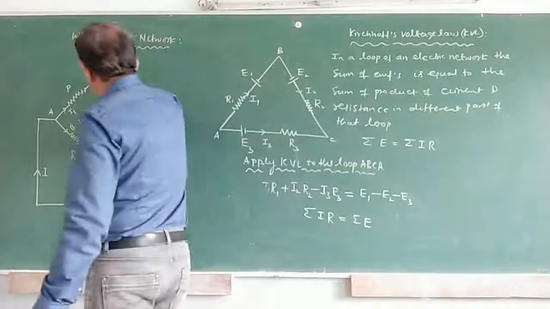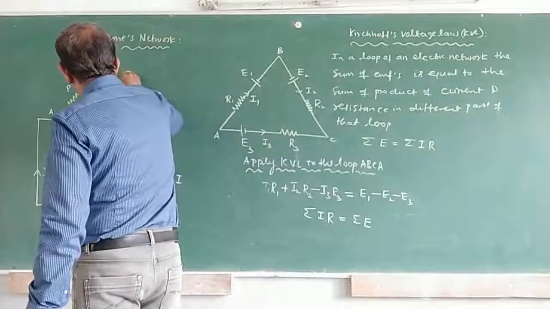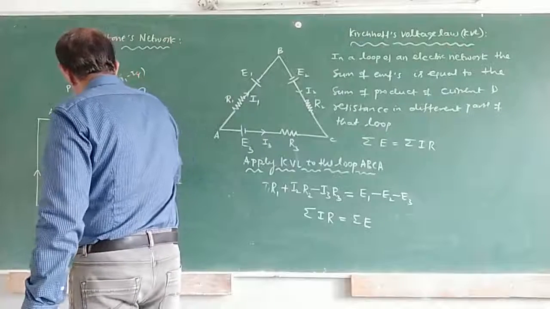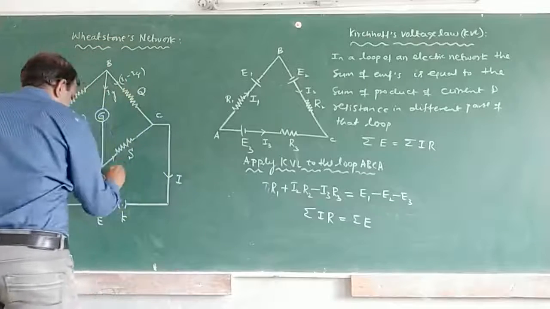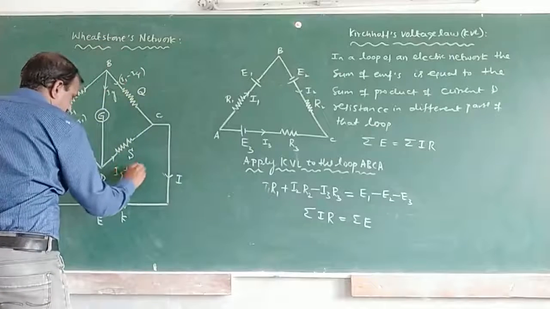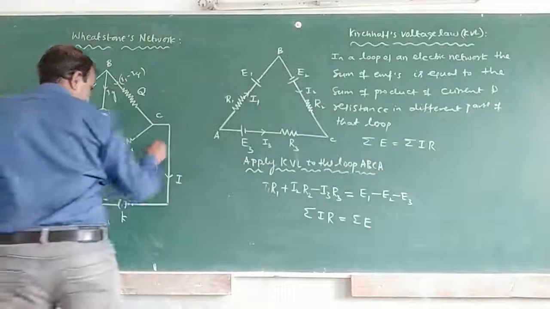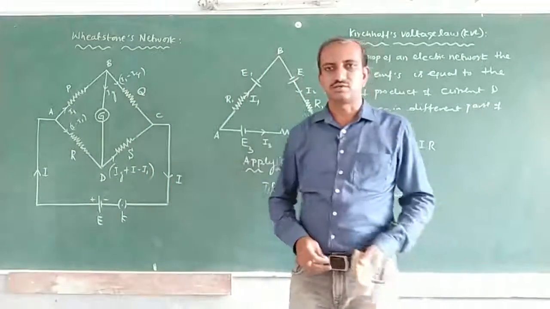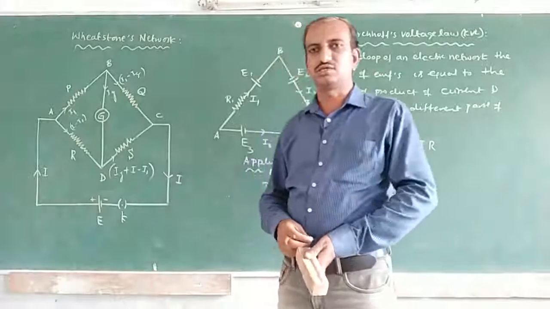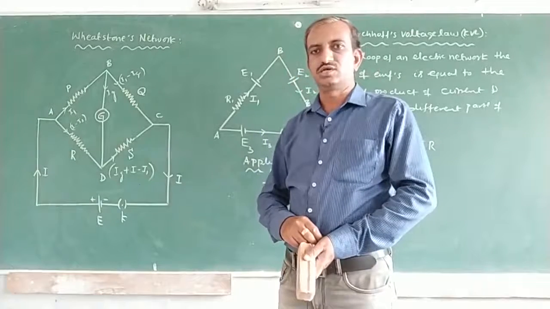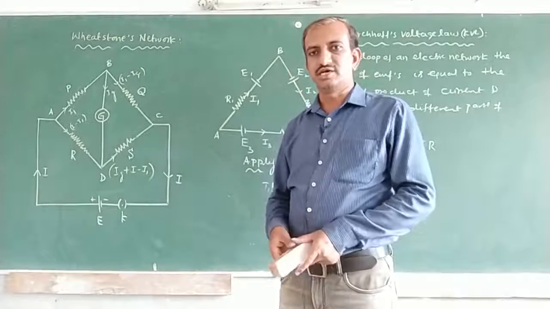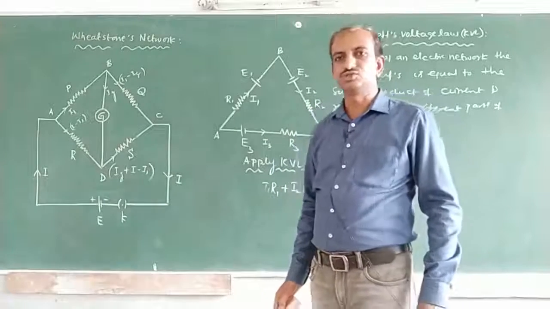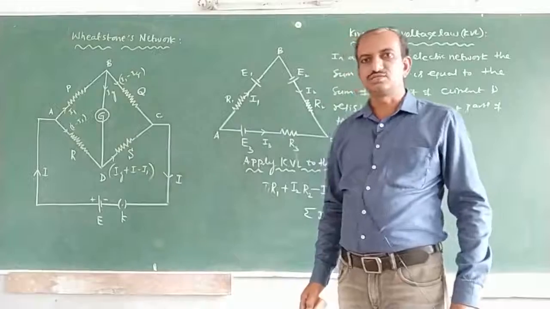This is current I1 minus IG. This is IG plus I minus I1. Again, this is I. This is called the Wheatstone's network, a device devised by Professor Charles Wheatstone, which is used to find the resistance of a resistor.